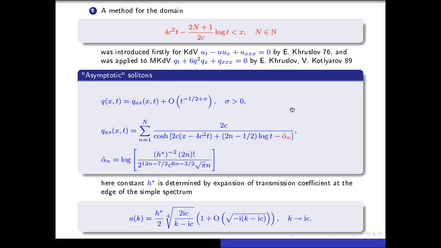If we suppose the absence of the usual solitons, in general they can be present, and in this case they will run in front of the leading edge. Their velocity must be bigger than 4c squared.